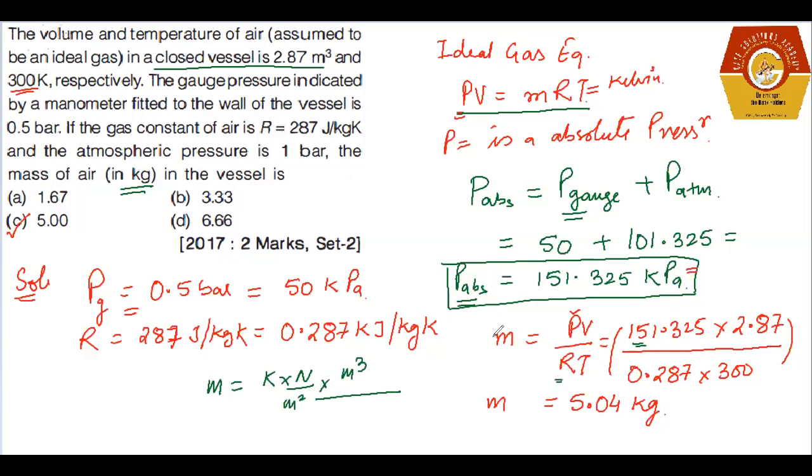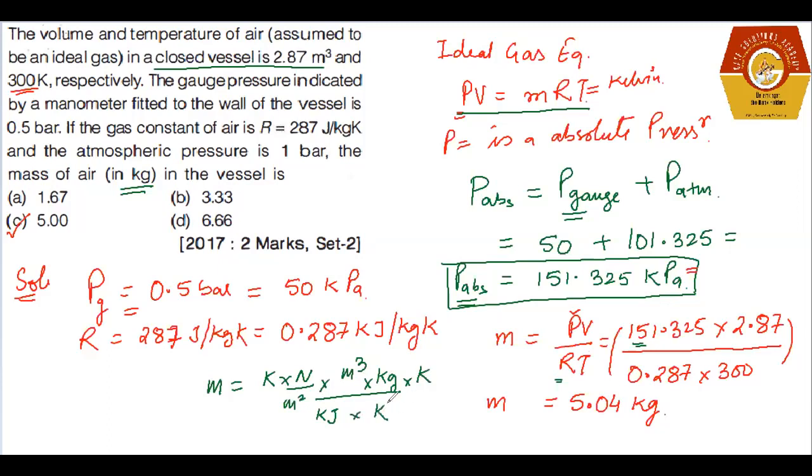R, the gas constant, is in kilojoule per kg Kelvin, and temperature in Kelvin.